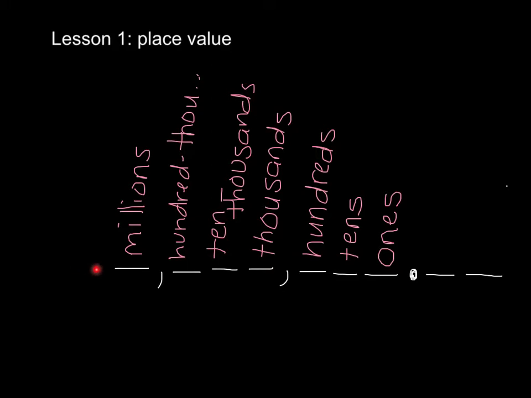After millions it goes 10 millions, 100 millions, trillions, 10 trillions, 100 trillions, quadrillions, and whatever after that. So these are the place values for the most part that I need you to remember. Ones, tens, hundreds, thousands, 10,000s, 100,000s, and millions. These we'll be using a lot as well.